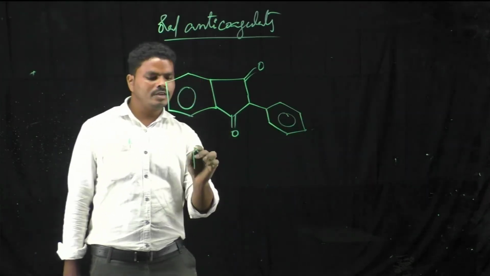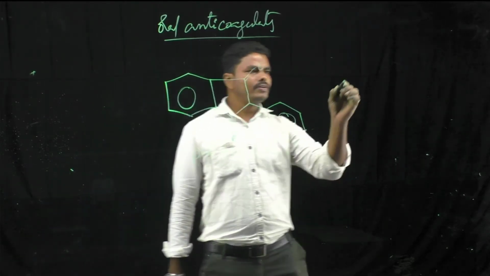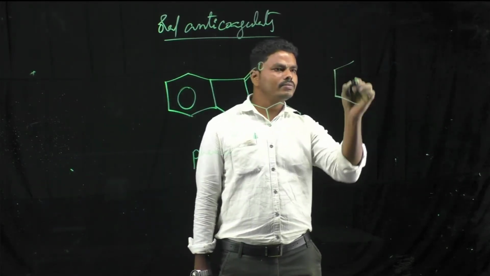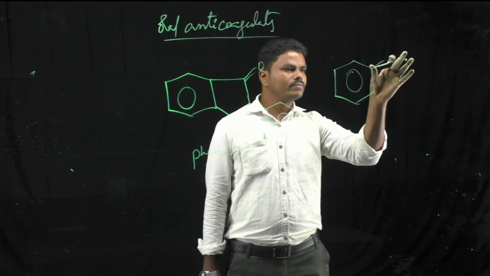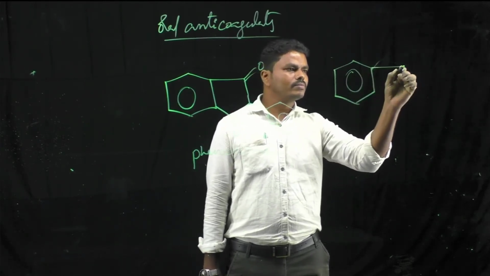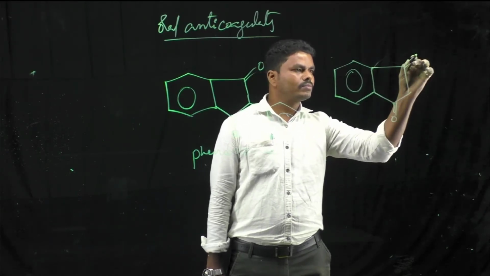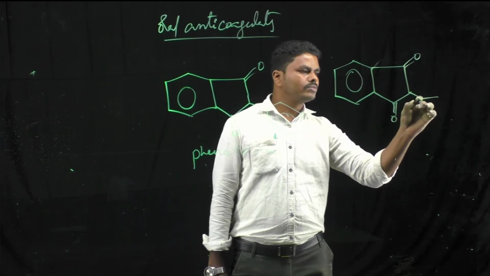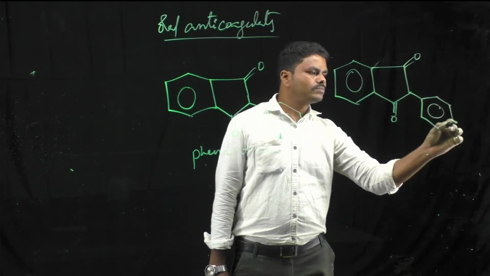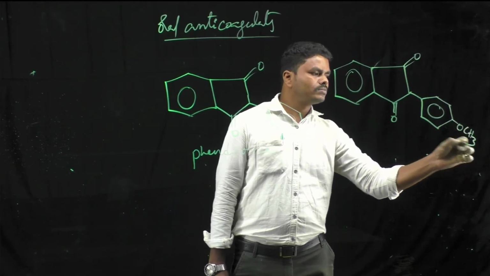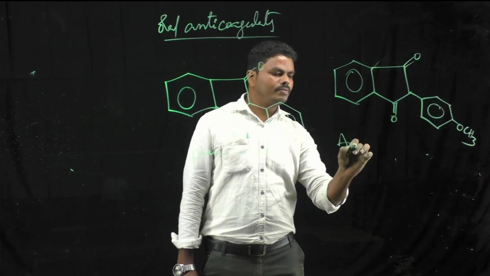So this is phenindione. In the case of anisindione, it has a methoxyphenyl group. This is anisindione.